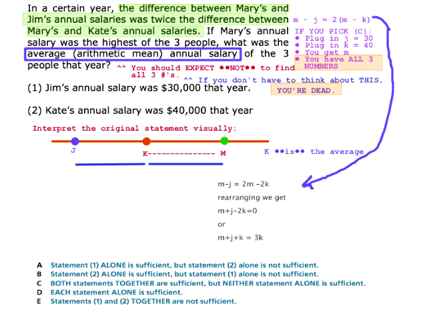Because the goal here is to isolate the expression m plus j plus k over 3, because that is what we want. So, yeah, we want m plus j plus k divided by 3.